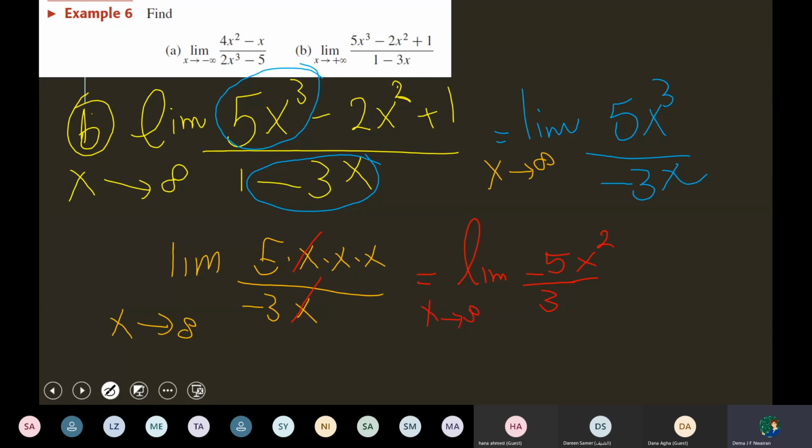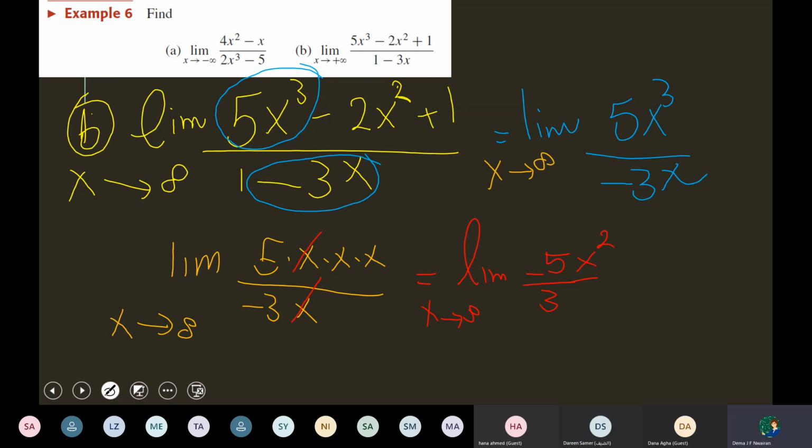Now, as we said, what did we have? Did we have a rational function like the previous one, like 2 over x? Or we have a polynomial, a monomial function. Polynomial, thank you.